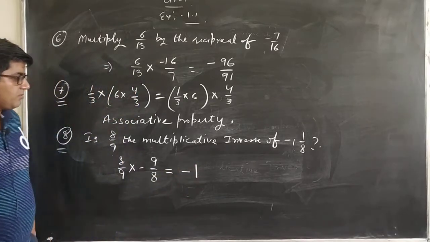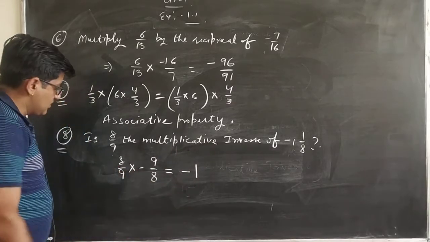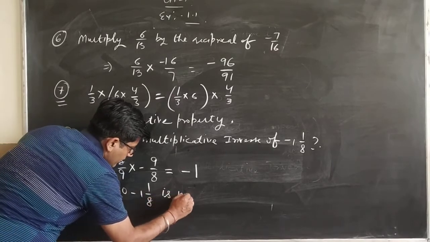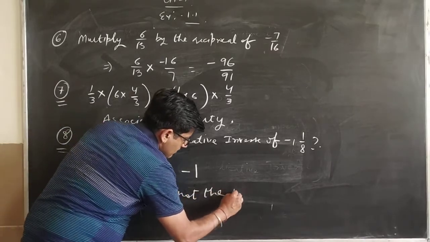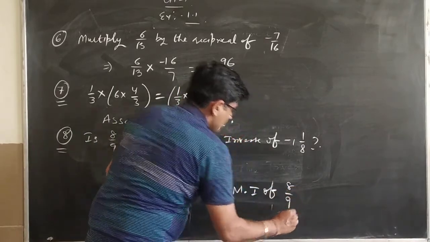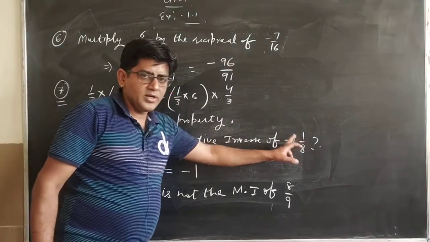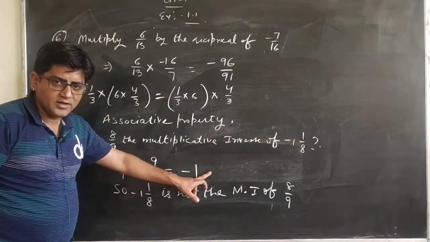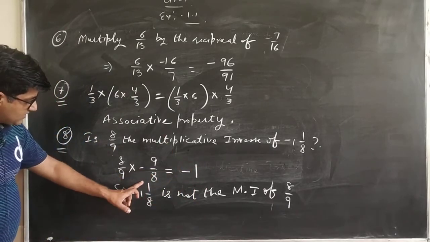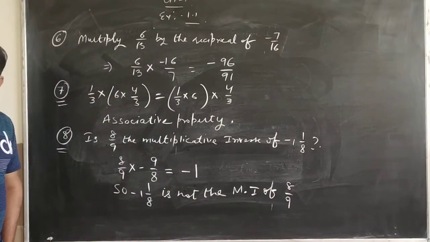But according to the property, their multiplication must be 1. For being the multiplicative inverse, these two numbers on multiplication should give the result 1. But here the result is minus 1. So that's why minus 1 is to 1 upon 8 is not the multiplicative inverse of 8 upon 9.